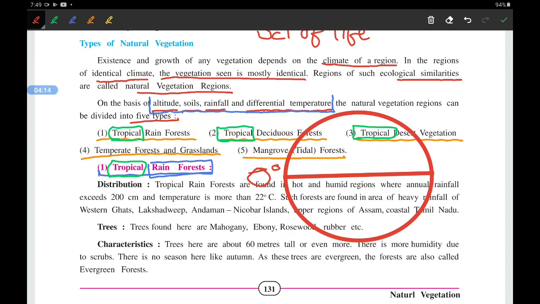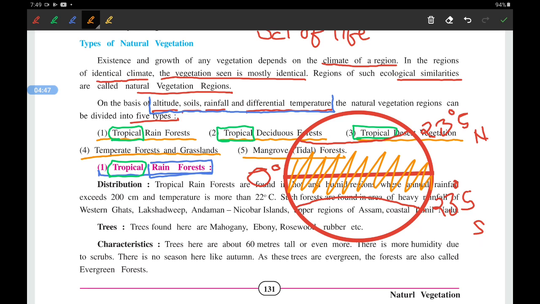Those areas which are near the equator and delimited by the tropics, that is the tropic of Cancer at 23.5 degrees north and the tropic of Capricorn at 23.5 degrees south. The top one is tropic of Cancer, the bottom part is tropic of Capricorn. Those areas which fall in the middle of this will be termed as tropical.